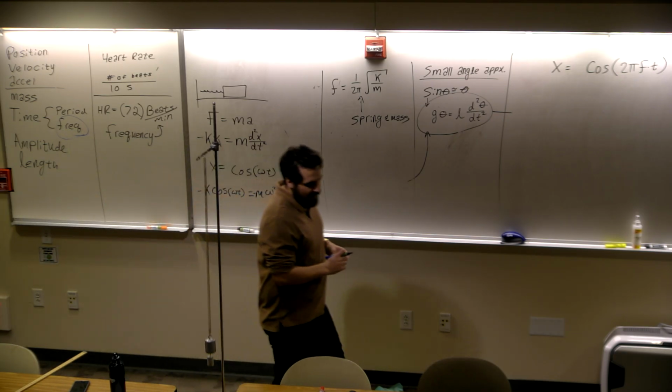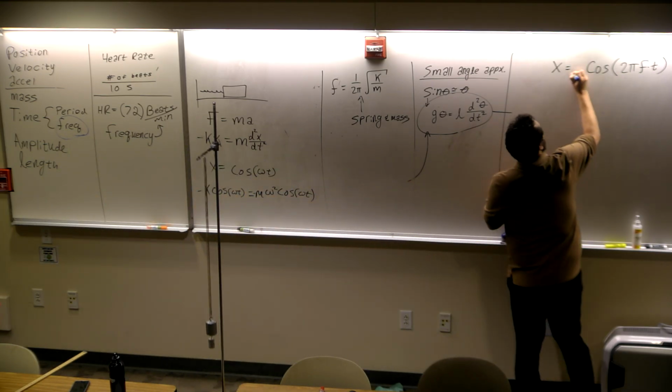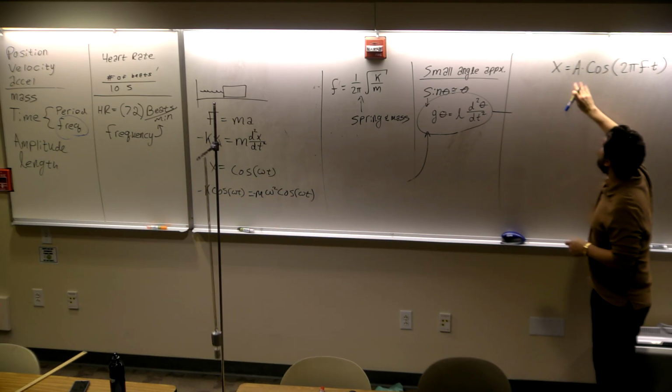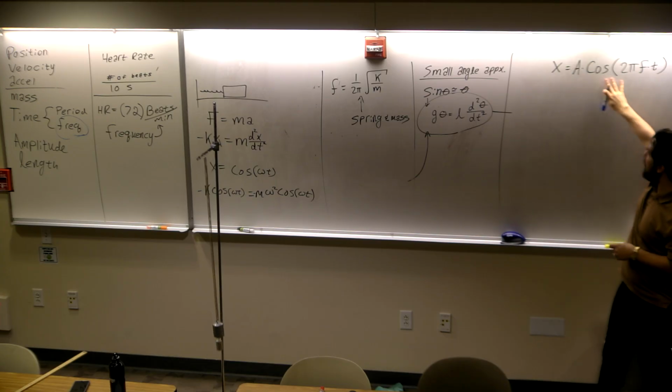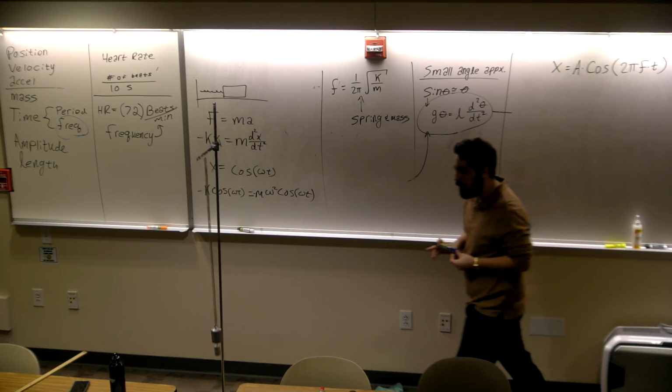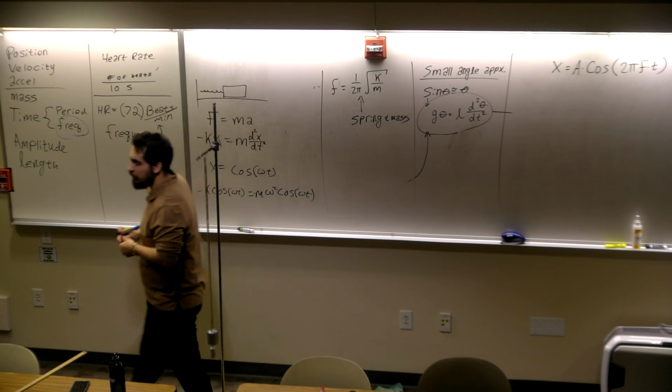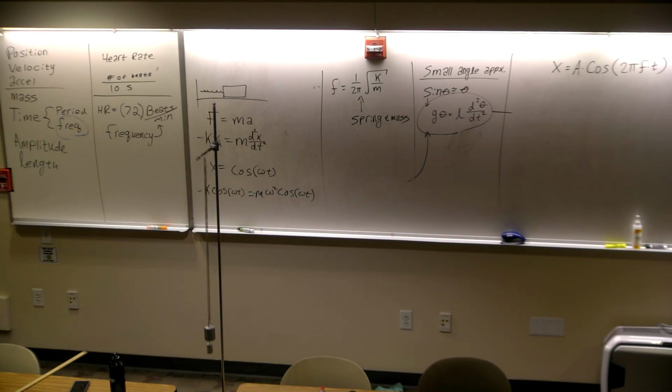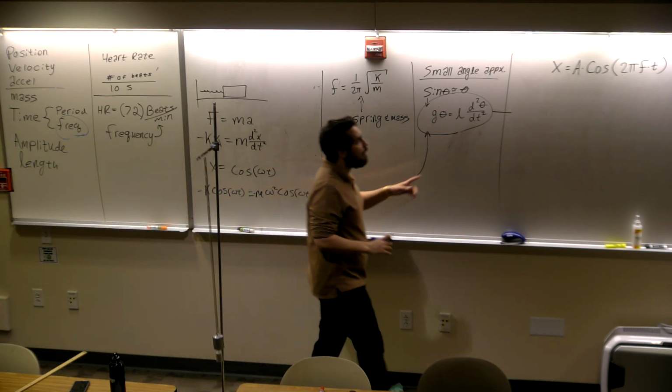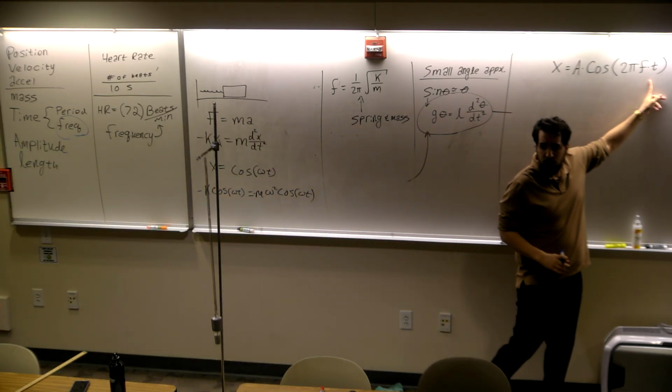So we say that our position is given by the amplitude multiplied by this cosine function. That amplitude gives us the maximum or minimum value our oscillating object goes between. And this tells you exactly where your object will be at any point t in the future.